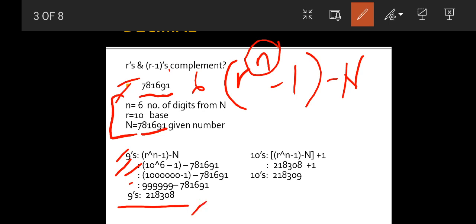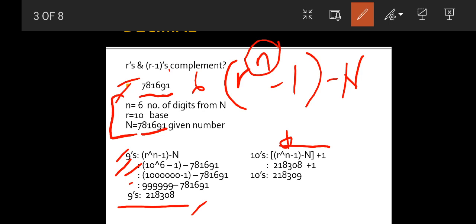And then, for your r's complement or your 10's complement, don't forget that the radix complement is the result of your diminished formula plus 1. So r raised to the power of n minus 1 minus N plus 1.